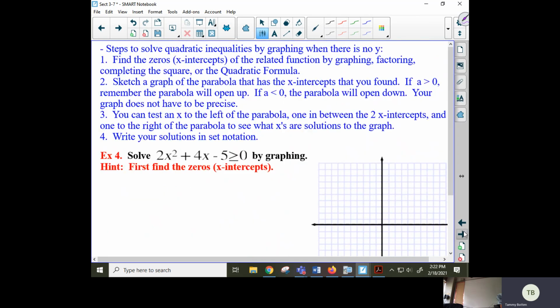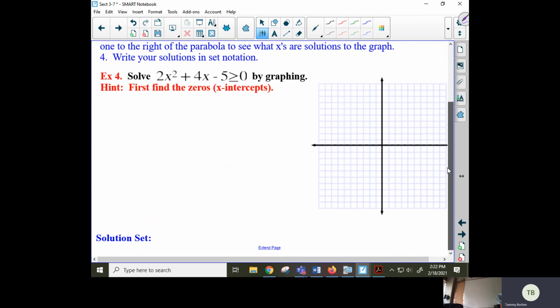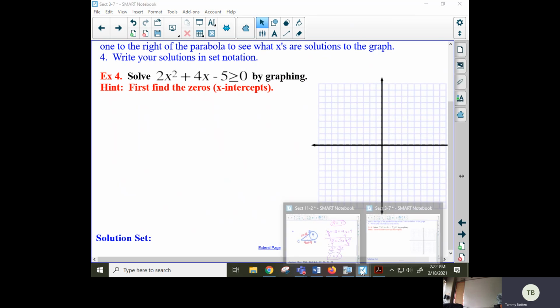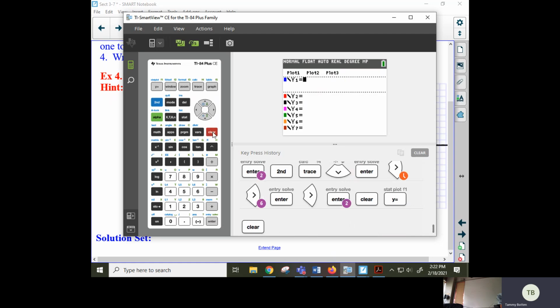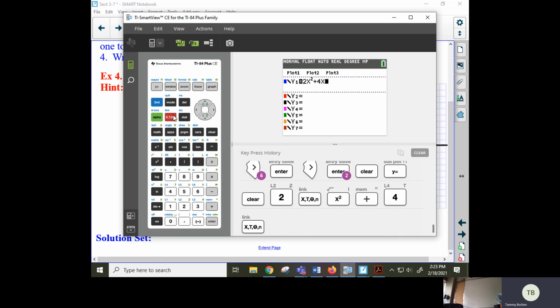Okay? All right, so let's go and try another one. So again, let's plug this into our calculator. 2x squared plus 4x minus 5. So I'm going to go to y equals and go 2x squared plus 4x subtract 5.